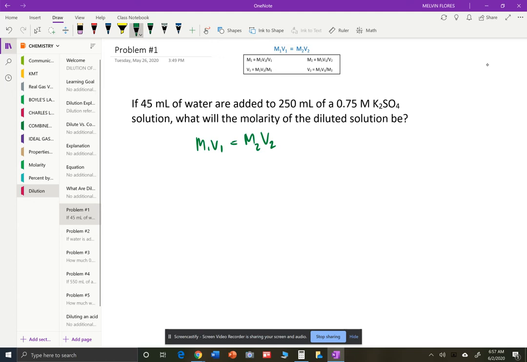Our M1 is 0.75 molarity, times V1, which is 250 ml, equals what we're looking for, the molarity, which we call M2, times V2, which is 45 ml.